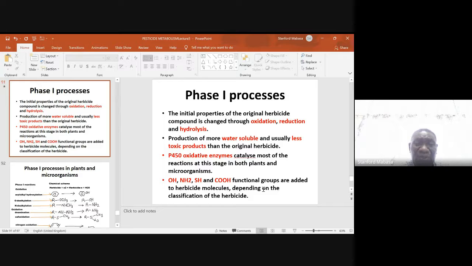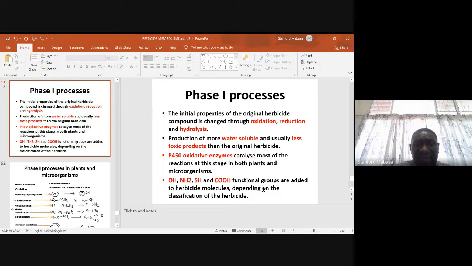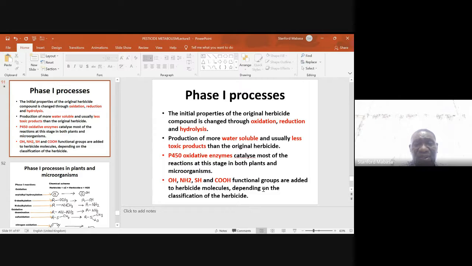And the cytochrome P450 is actually involved with some of these processes. Usually what we are doing is adding OH, NH2, SH, COOH. These are functional groups which are added to the pesticides.